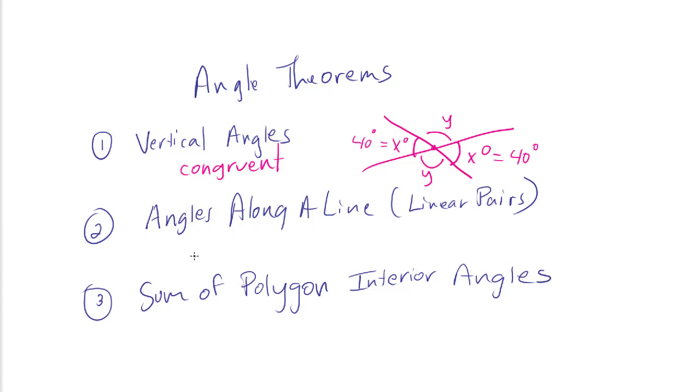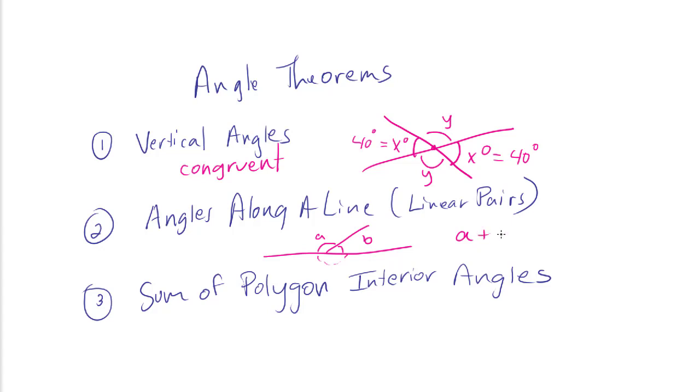Okay, next, number 2. Angles along a line or linear pairs. So angles along a line. If I have a line and I have an angle A and B, and if I look at A and B together, they actually span the line, which is half of a full circle. So they actually span in degrees 180 degrees.